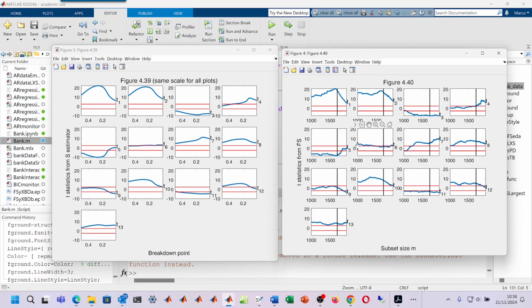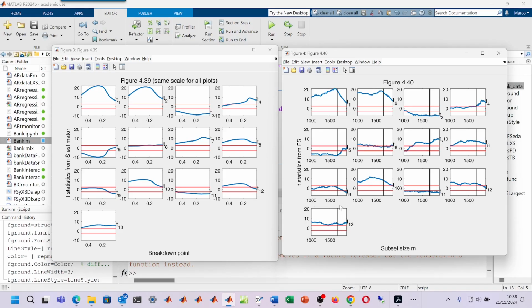The search also suggests that as the subset size increases, this T statistic is always positive and significant. On the other hand, look at T9. We saw this change in sign, and this is exactly what happens when you do the monitoring with the forward search. Or, for example, look at T10. The significance of T10 decreases.